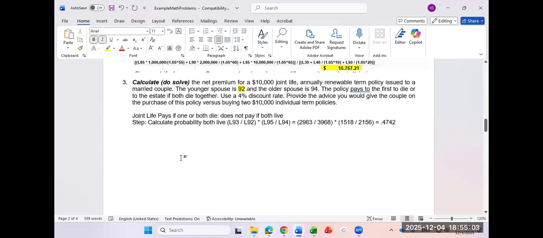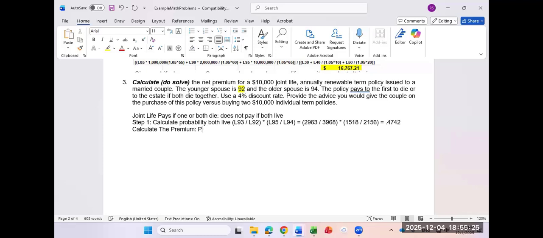Now, if you remember the previous problems, we did death benefits divided by premium payers. We've essentially already taken the premium payers into consideration by doing this math here. So all you have to do is calculate the premium, and this one you're just going to memorize.